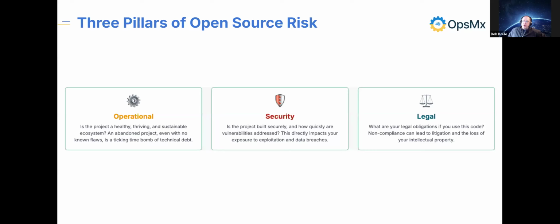This is super important because the risk associated with the operational part is, if it's an abandoned project and you're using it and it's deep in your code, and you're using it in a lot of different places, it goes from being open source to you having to maintain it yourself. And so that piece of this is really important to get visibility into.